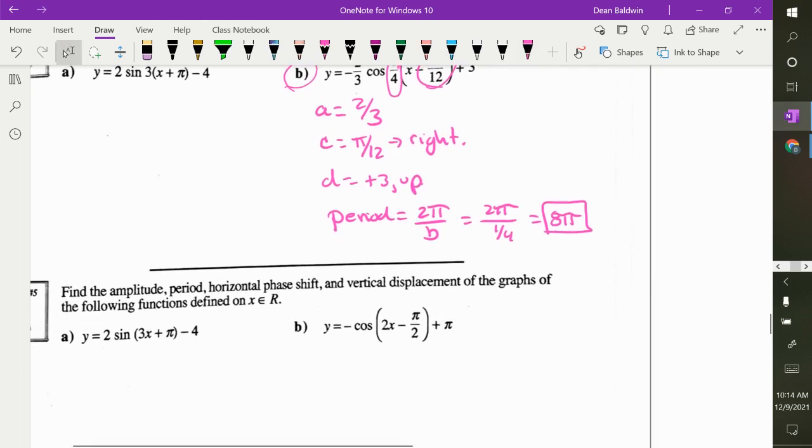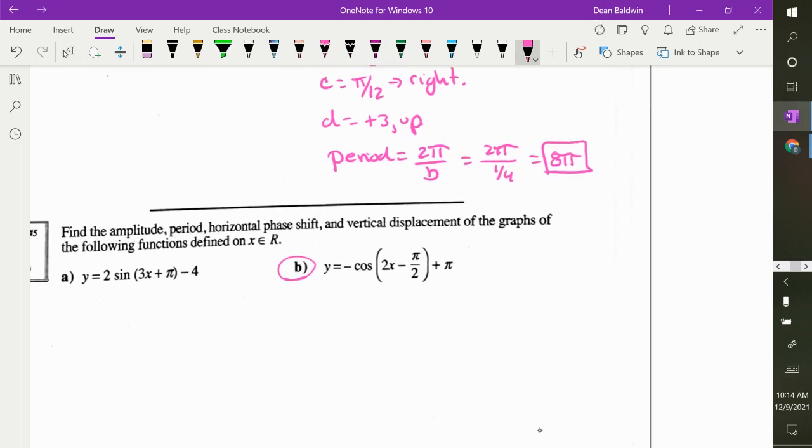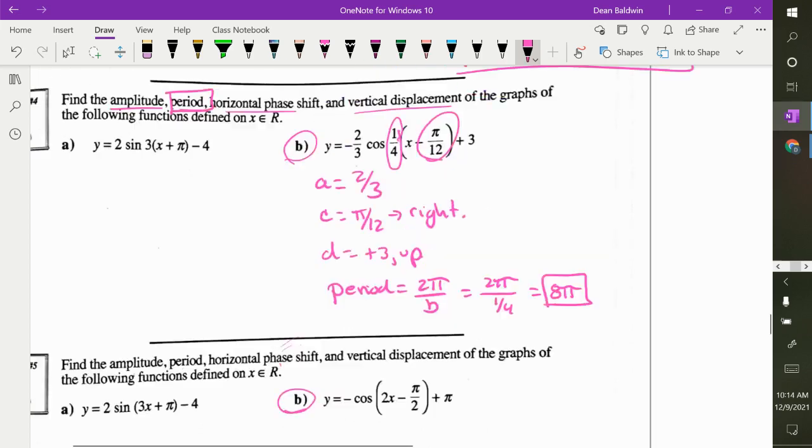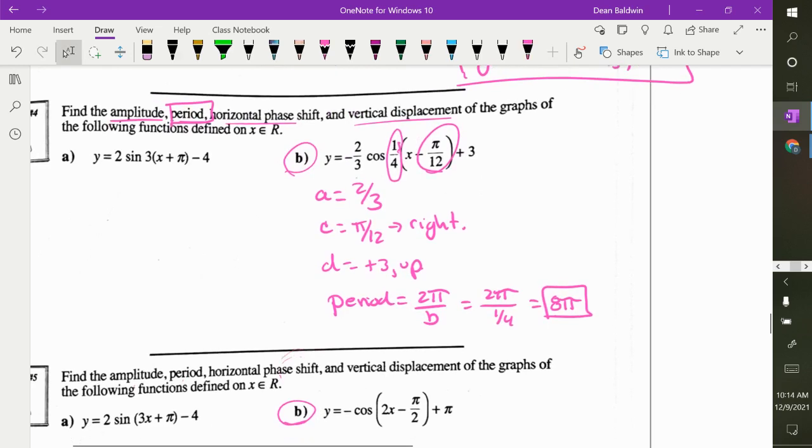All right. We're going to do B here. Same thing. Amplitude, period, horizontal phase shift, which is your C value, and vertical displacement. What's the problem with the way this is written right now? You got to factor a 2 out, right? Amplitude's never negative.